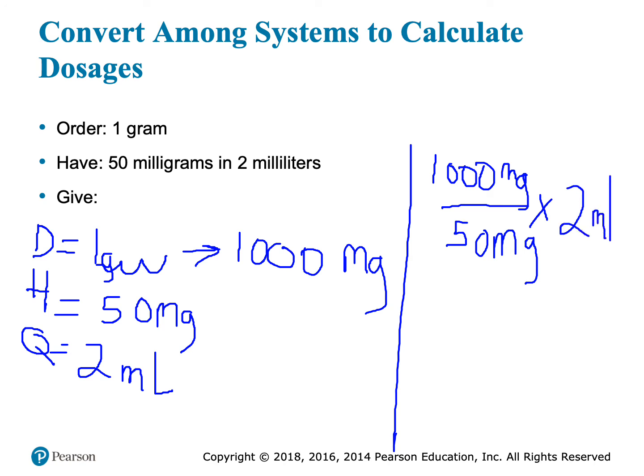All right, and that is going to equal our unknown. So when we solve this, the first thing that we can do is divide 50 into 1,000. And when we do that, we get 20.